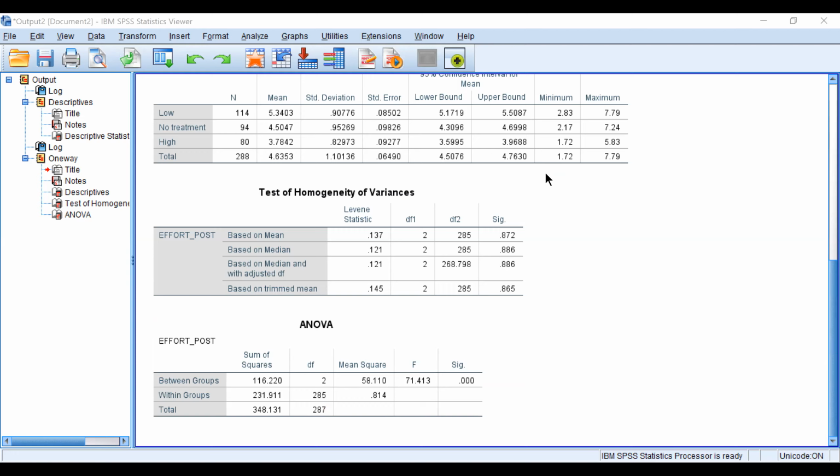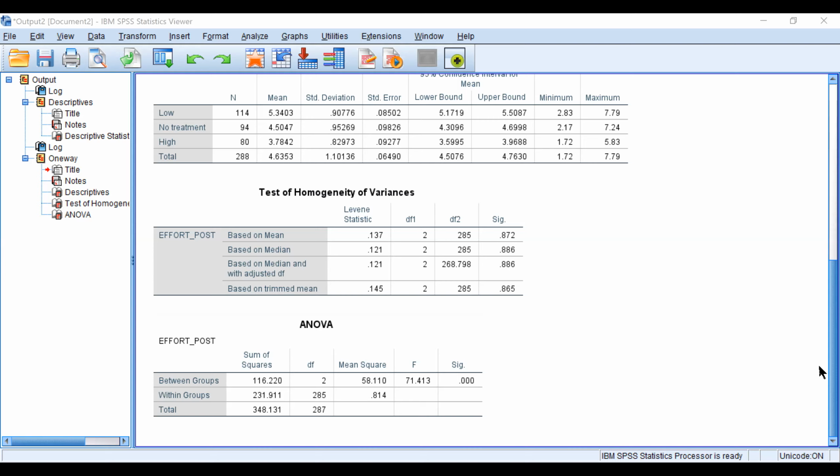Never write down that a significance level or a p-value is exactly 0. If you look carefully enough, there is some value after that, and it's best to say p is less than 0.01. So what is good here is that we know that there's a difference among these three groups.